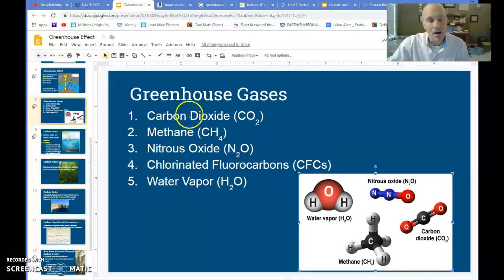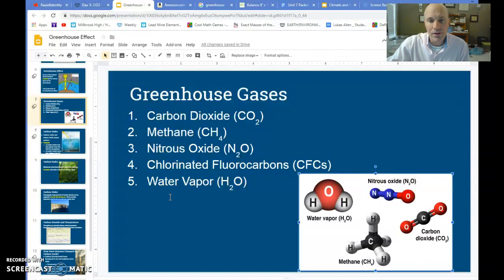Carbon dioxide, all animals breathe that out. Methane is produced in hydrothermal sea vents, and whenever a volcano erupts, it spits out a lot of that. Water vapor is present, that's why we have clouds. All of these things act to trap a lot of that heat that gets radiated from the surface of the Earth.